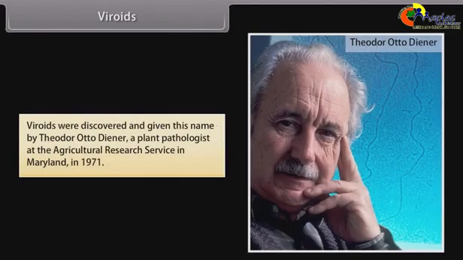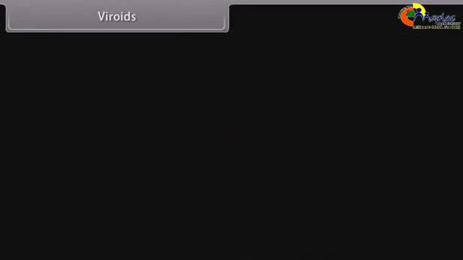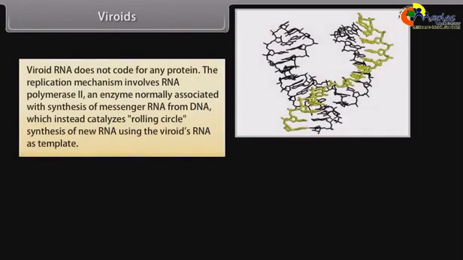Viroids were discovered and given this name by Theodor Otto Diener, a plant pathologist at the Agricultural Research Service in Maryland in 1971. Viroid RNA does not code for any protein.